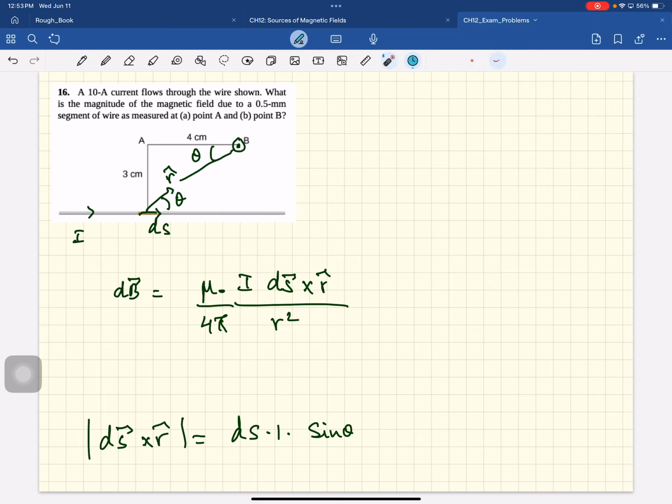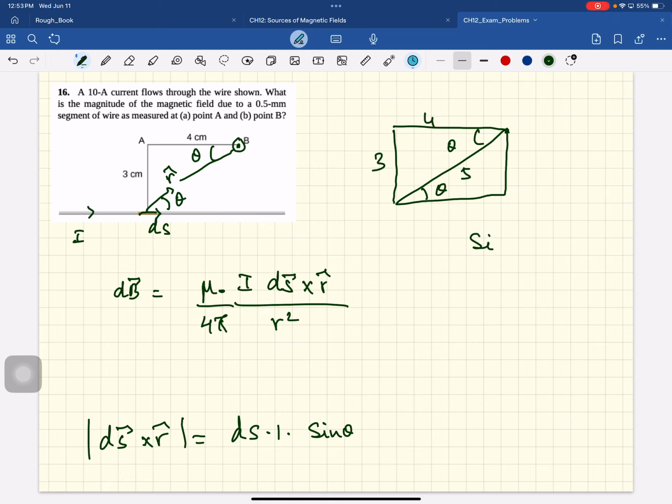You can see that that's a right angle triangle. This is 3, 4, and 5. So sine theta is 3 over 5. So this is equal to ds times 3 over 5.